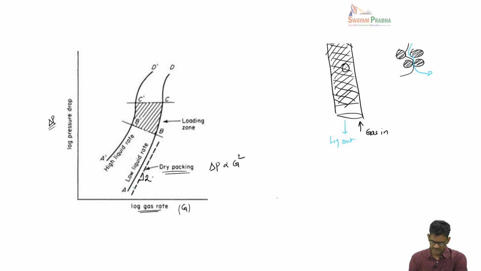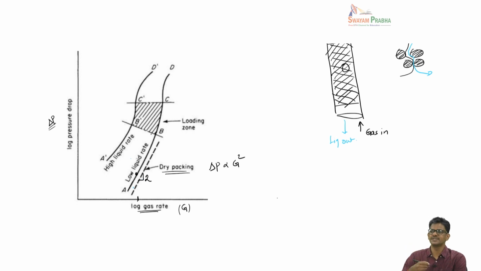If I look at the line AB, that corresponds to a fixed flow rate of liquid, at some very small value, and then you increase the gas flow rate. Like in the case of dry packing, the pressure drop will increase, but it will be a little more than the dry packing because the liquid will also occupy the same space.